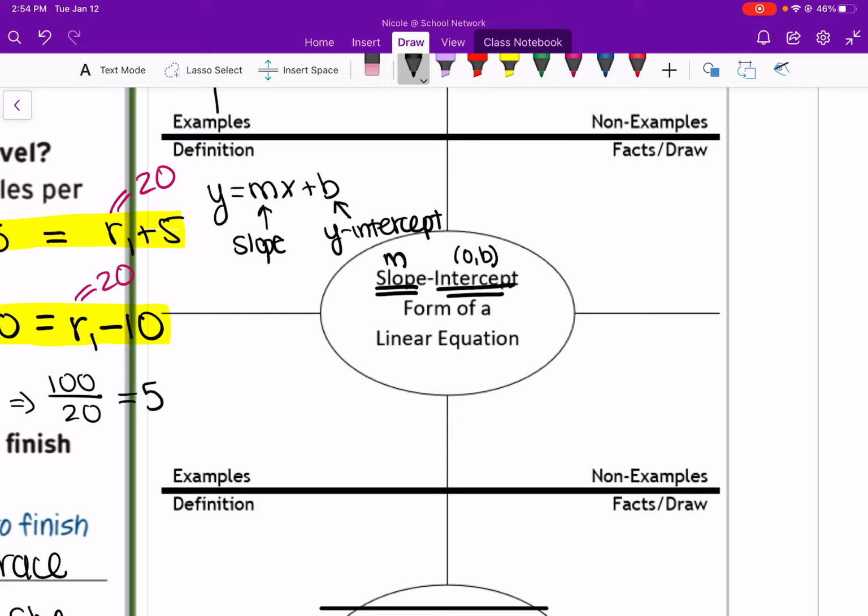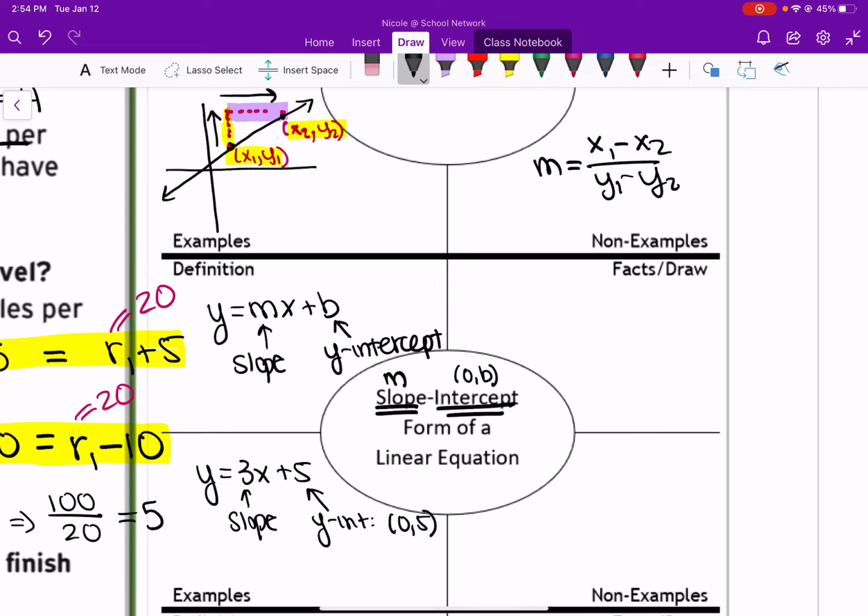And I'll go over some examples. So y is equal to 3x plus 5, where 3 is our slope, and our y-intercept is (0, 5). When we go to graph this, we find our y-intercept, graph it, and use the slope, our change of y over change of x, to plot a few other points.